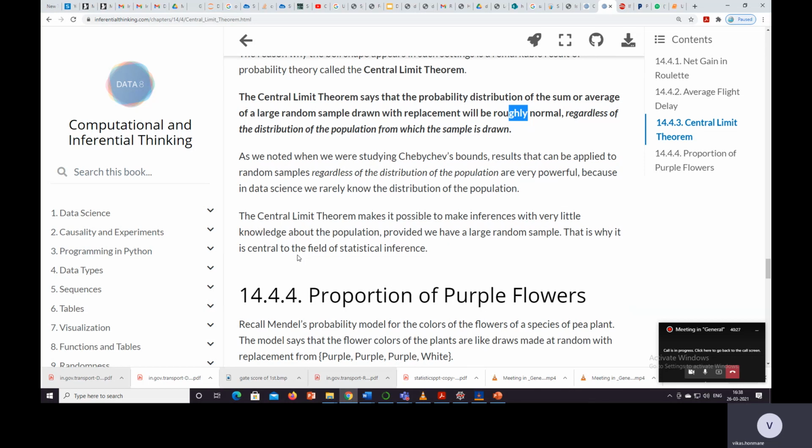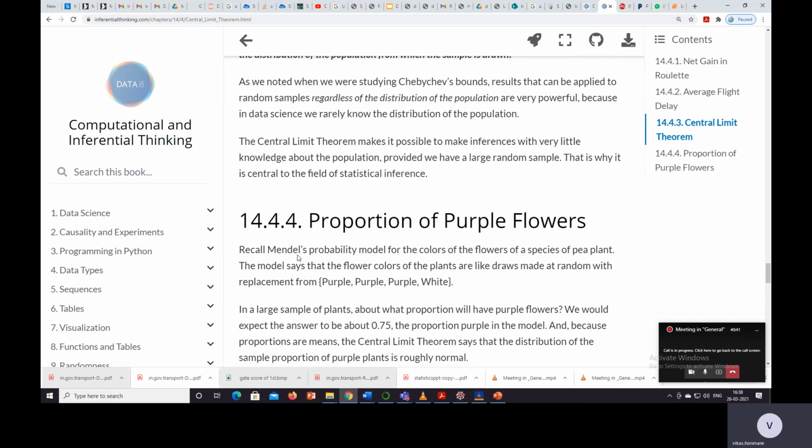So without knowing the distribution of the population, we are inferring about the population through the sample. The central limit theorem makes it possible to make inferences with very little knowledge about the population. It is a very important concept, we have seen many examples of it, and that is why it is central to the field of statistical inference.